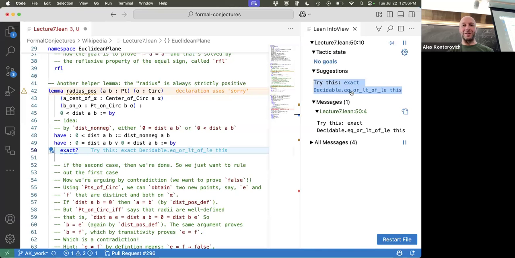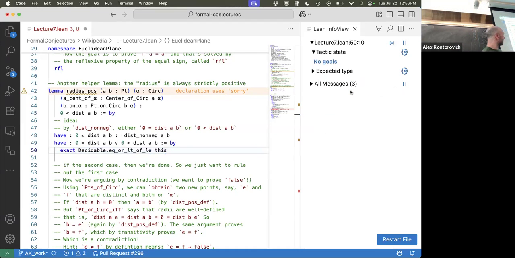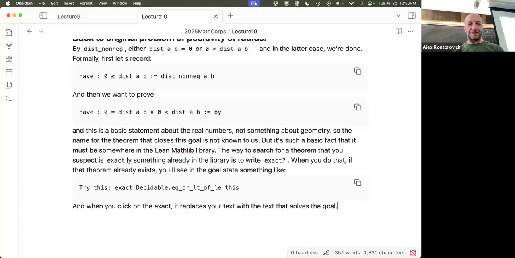Okay, so here we go. I'm about to click this text. Instead of an exact question mark, I'm going to click there and it'll say exact, decidable, yada, yada. Here I go. Boom. Exact decidable. Okay. Auto completes it for us. All right. So far, so good. Done. Next step.